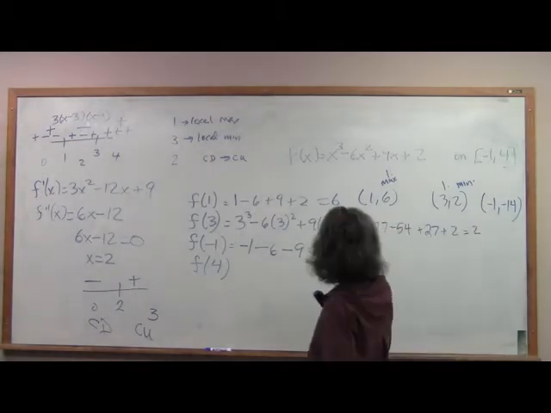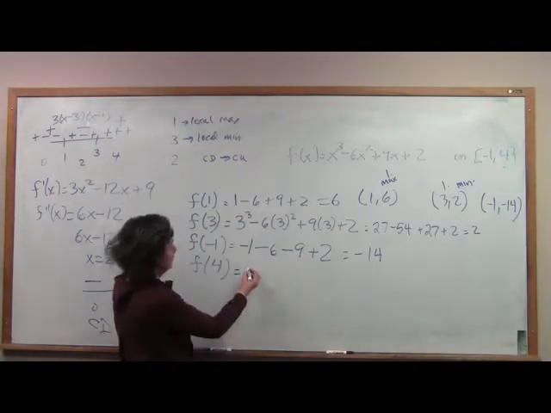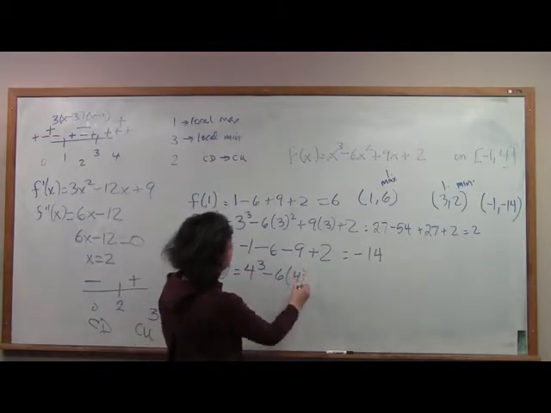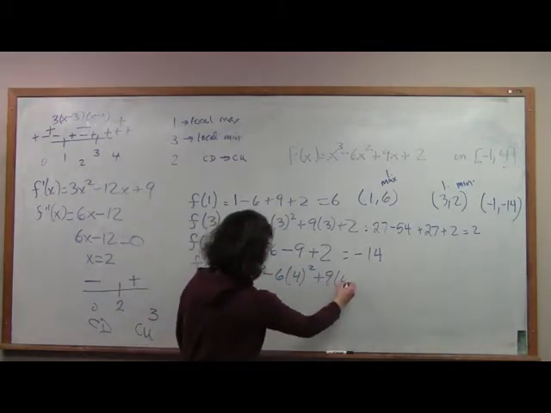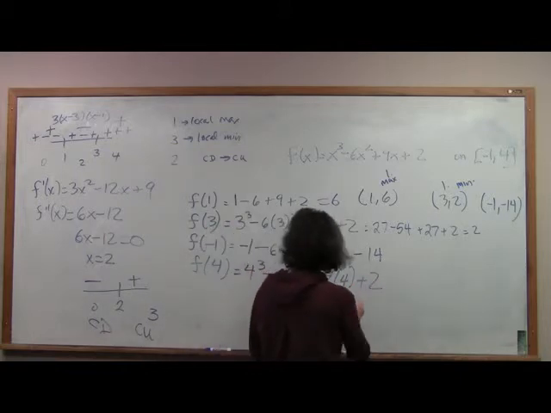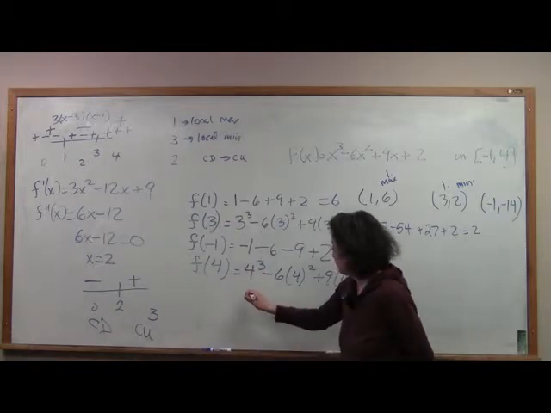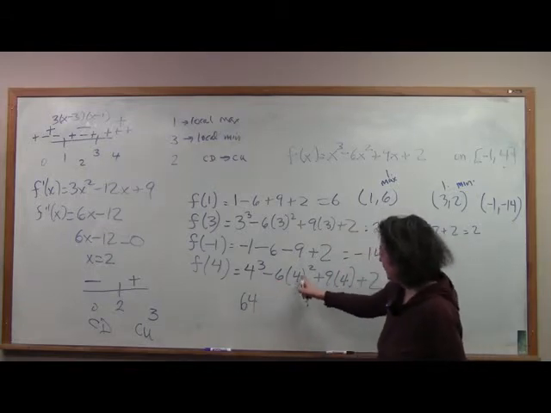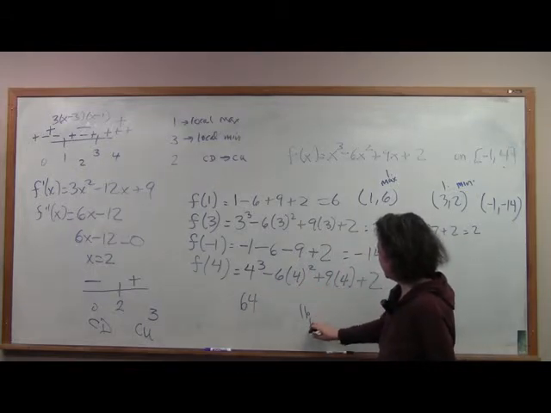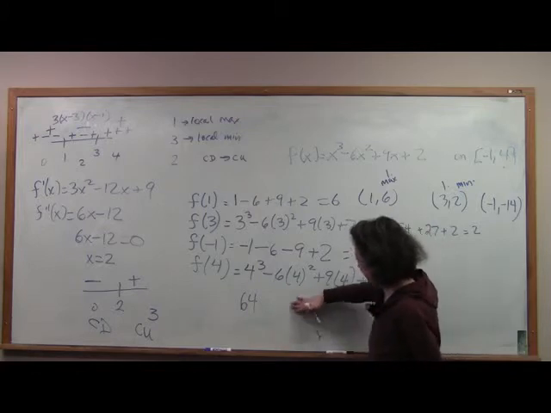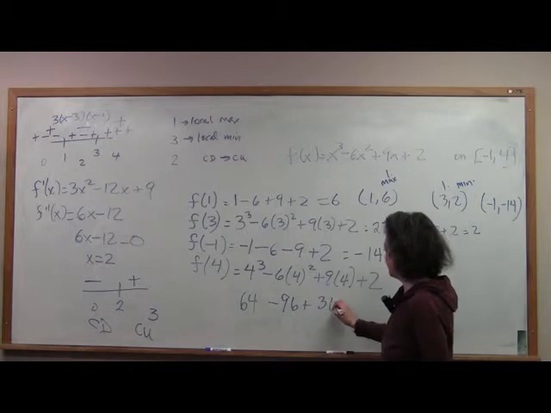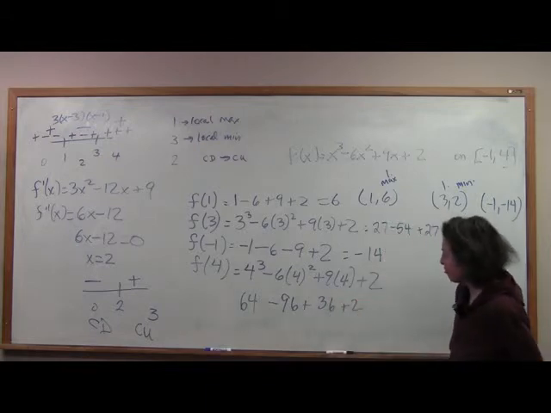Let's see what happens at +4. Okay, if I plug +4 in, what do I get? I get 4 cubed minus 6 times 4 squared plus 9 times 4 plus 2. So what do we get? We get 64, and 4 squared is 16 times 6 is minus 96, plus 36 plus 2.